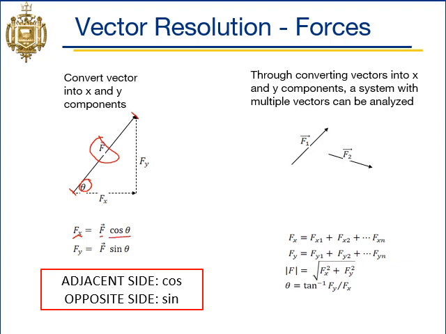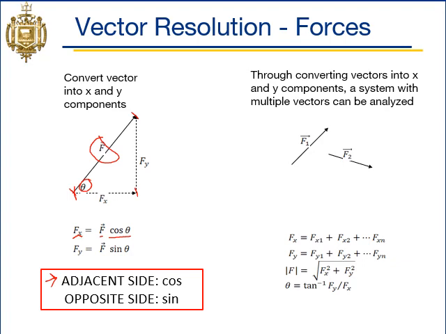The reason we're using cosine to find the magnitude of the x component of our f vector is because we're using trigonometry here. Trigonometry says if we have the adjacent side, then we're going to use cosine.